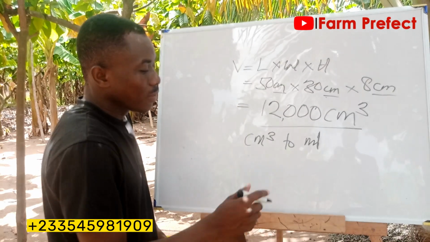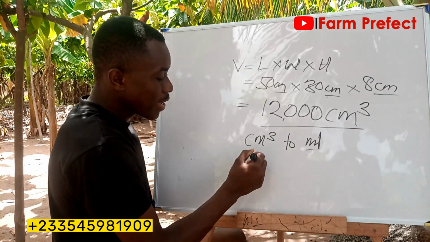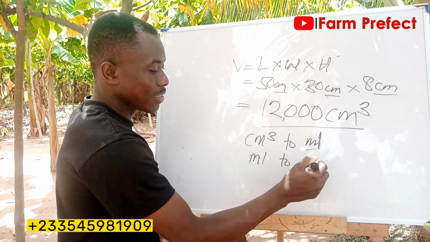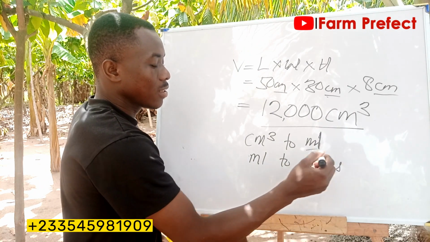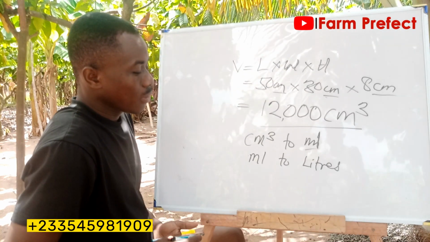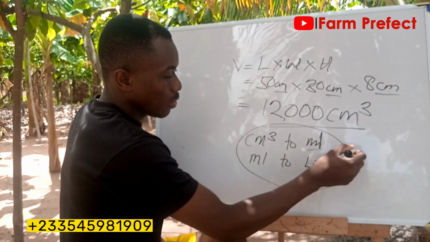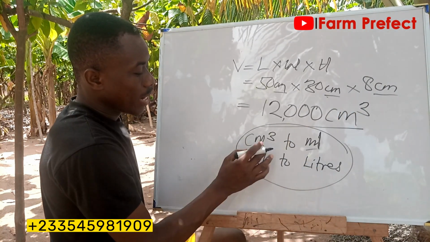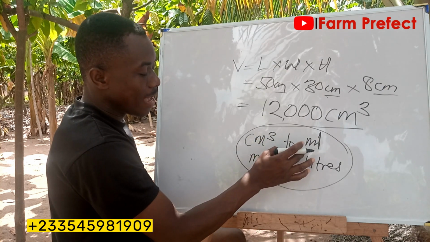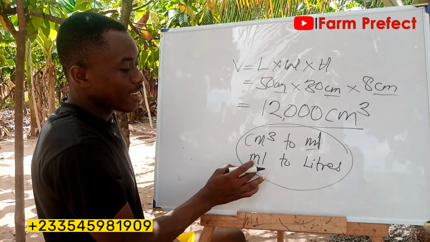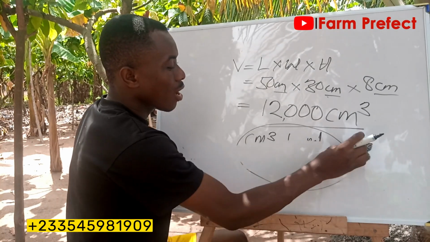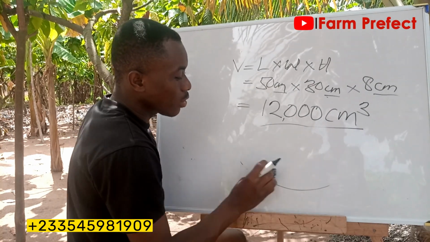Then from there, we'll convert the milliliter to liters. Keep this in mind. To get this to the liters, we have to first convert it to milliliter, and then convert that milliliter to liters.